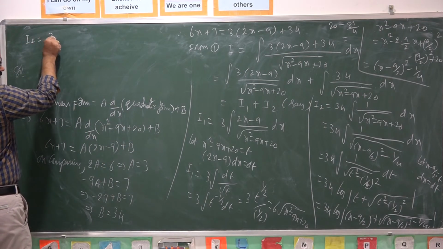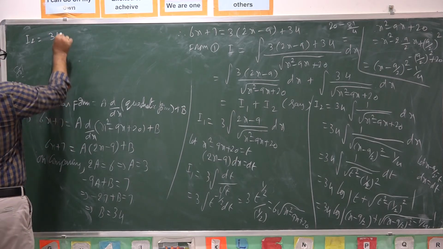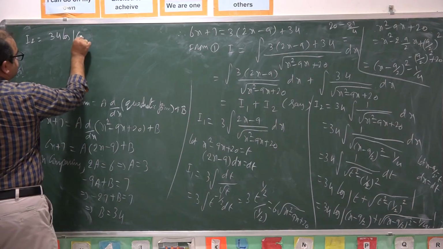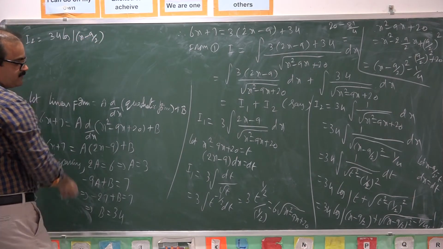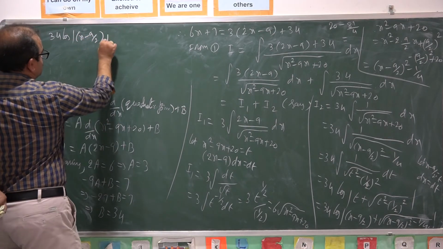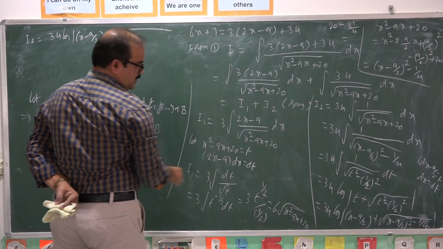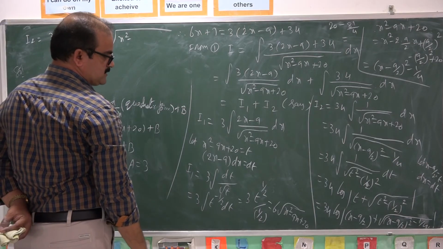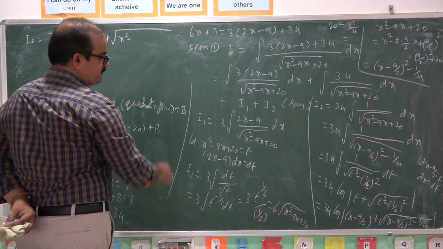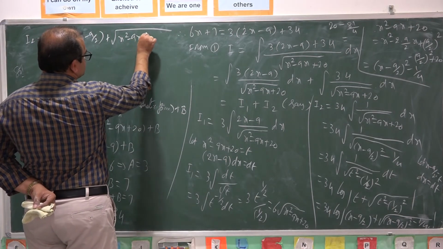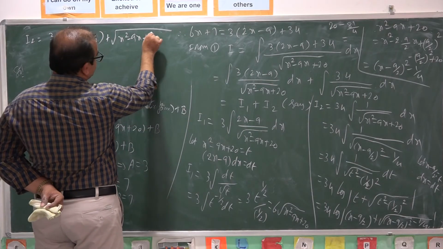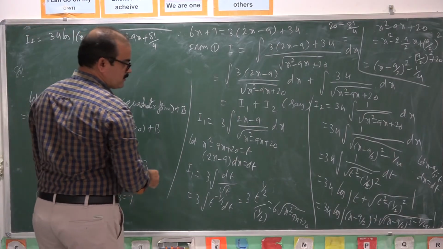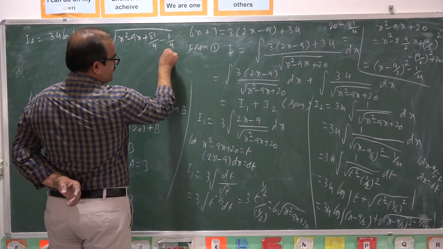I2 is equal to 34 into log of mod x minus 9 by 2 plus root of, on expanding we get x square minus 2 into 9 by 2, that is minus 9x, plus b square 81 by 4, minus 1 by 4.